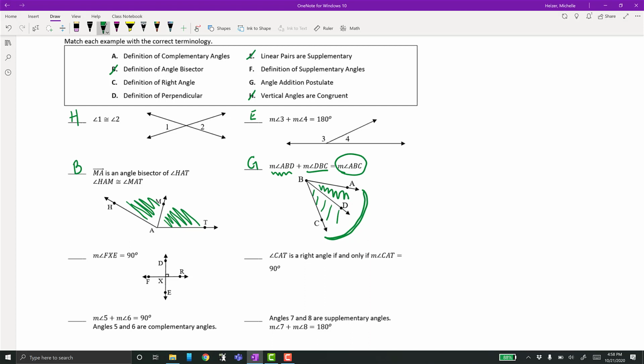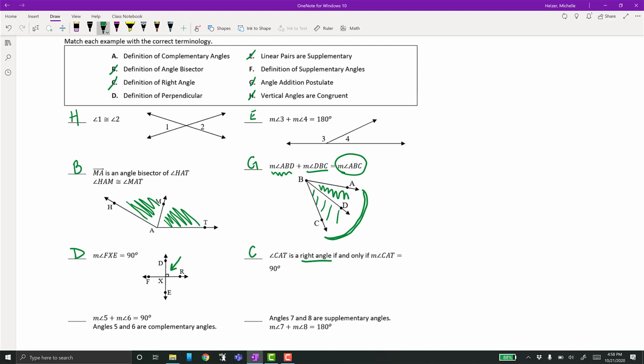Third one down on the left, that's definition of perpendicular. And we're going to know that it's perpendicular because of this little box that's in there. Third one on the right is definition of right angle because it says right angle.